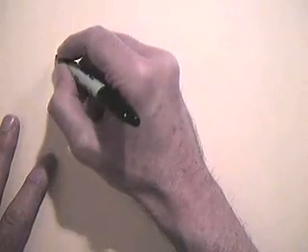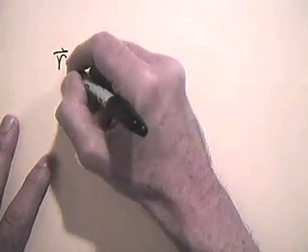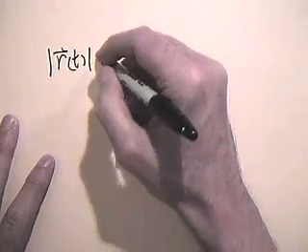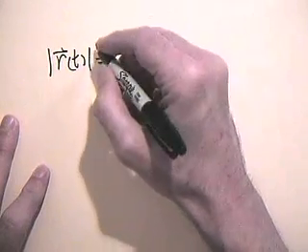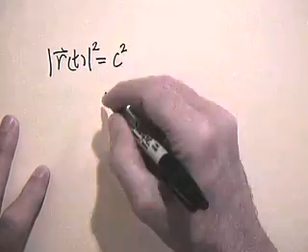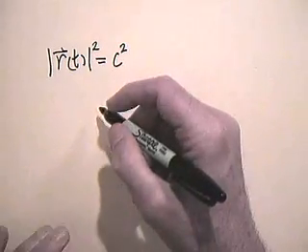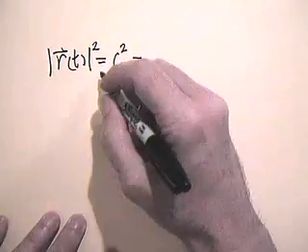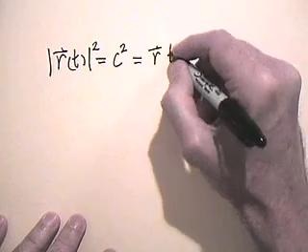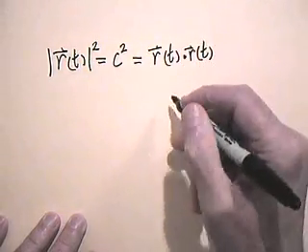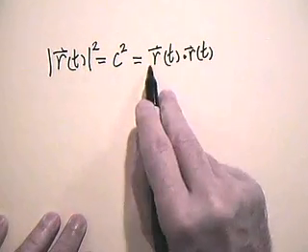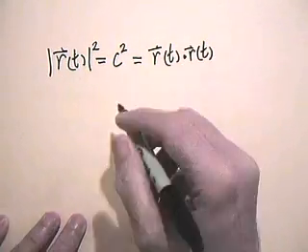So if r has constant length, we can write the length of r(t) as a constant c. Consequently, if I square that, it's still constant, but the square of the length, remember, is the dot product of the vector function with itself. So now let's differentiate this using the product rule.